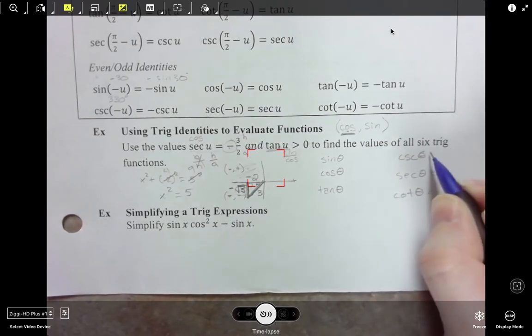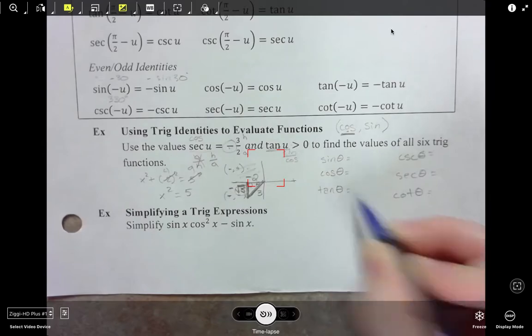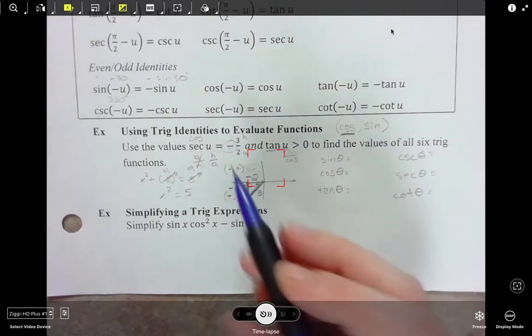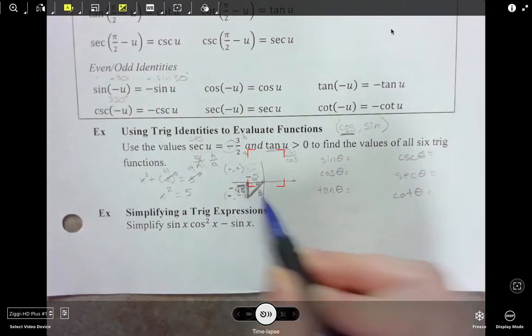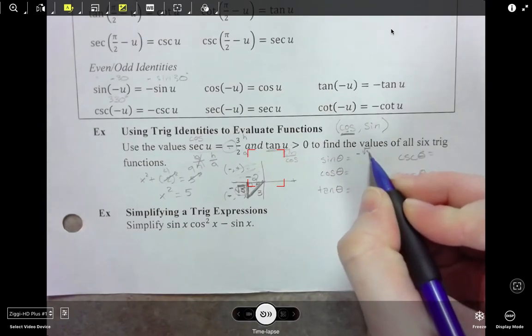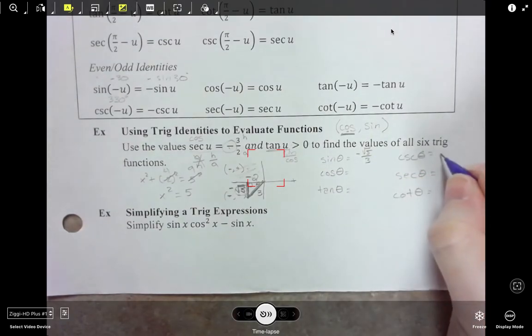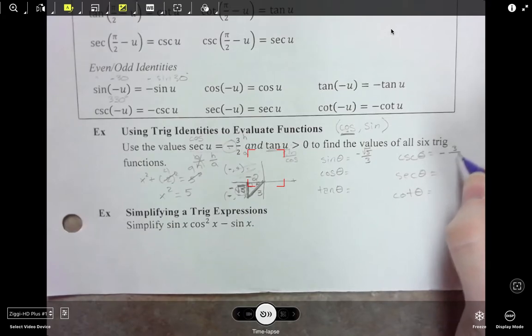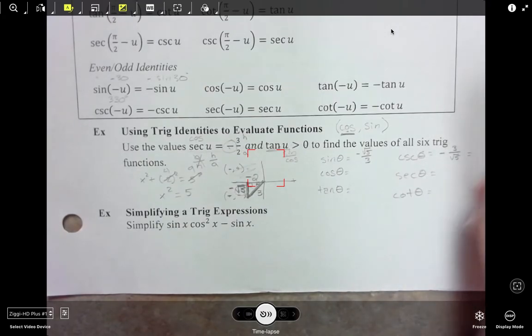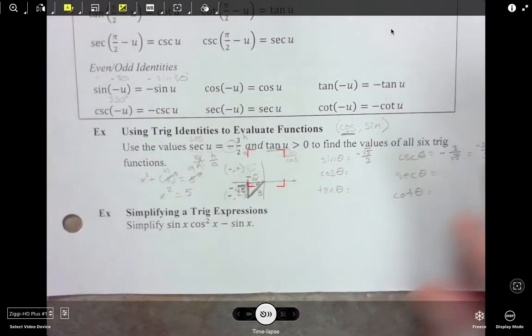And I'm going to fill these in real fast because I'm assuming that you guys already know how to do this. Sine is opposite over hypotenuse, so negative square root of 5 over 3. Cosecant will be negative 3 over square root of 5, or when you rationalize, negative 3 square root of 5 over 5.